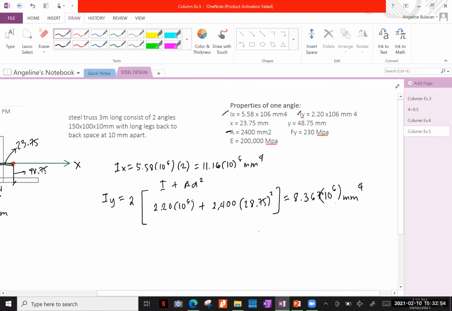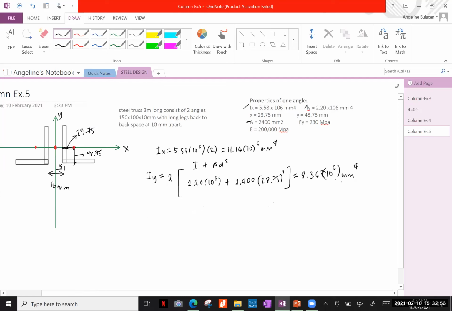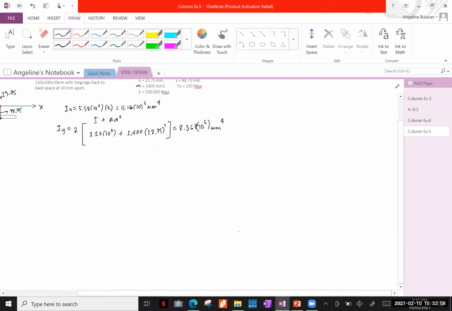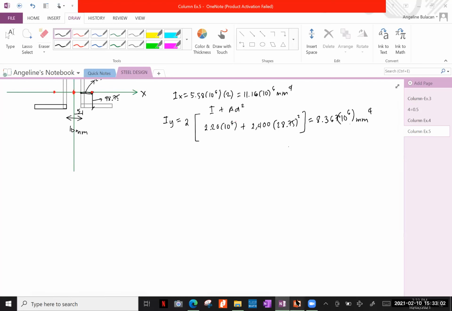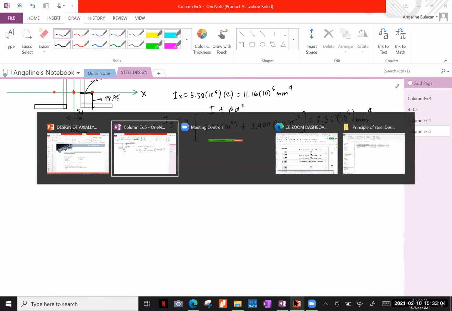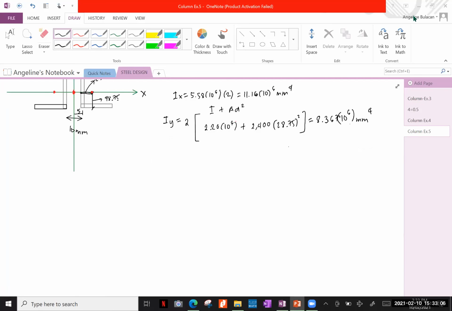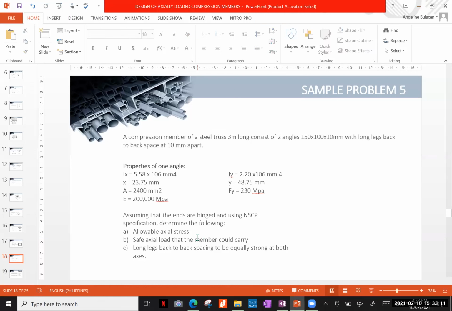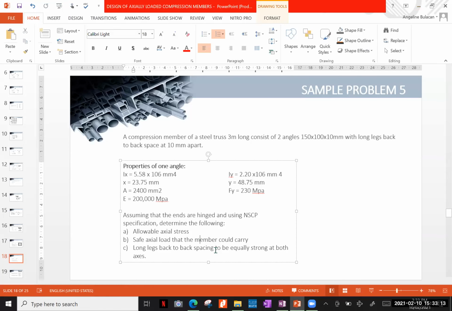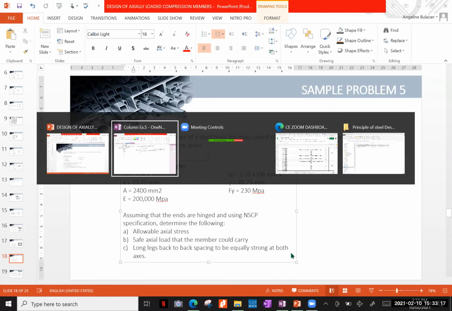Dito yung tanong, double check na lang. Ano ba yung tanong nga? C. Ito yung tanong. Allowable axial stress, safe axial load, tsaka long legs, back-to-back spacing to be equally strong at both axes.